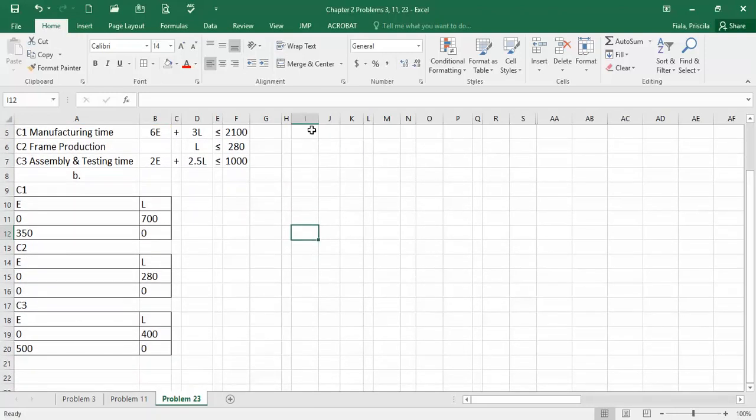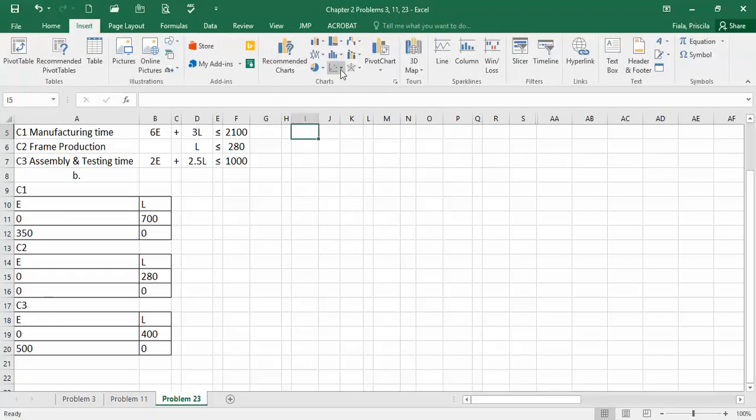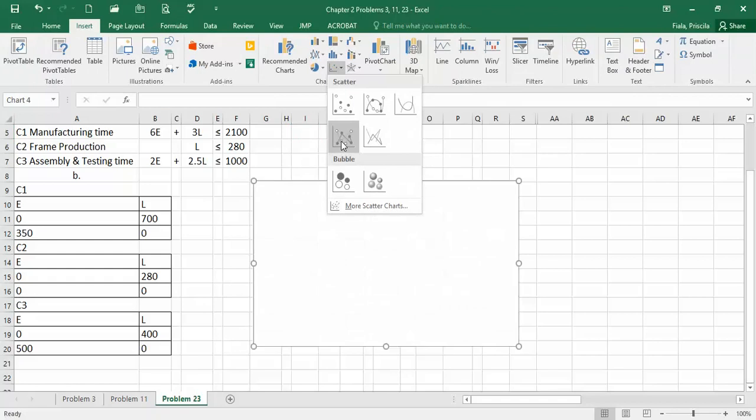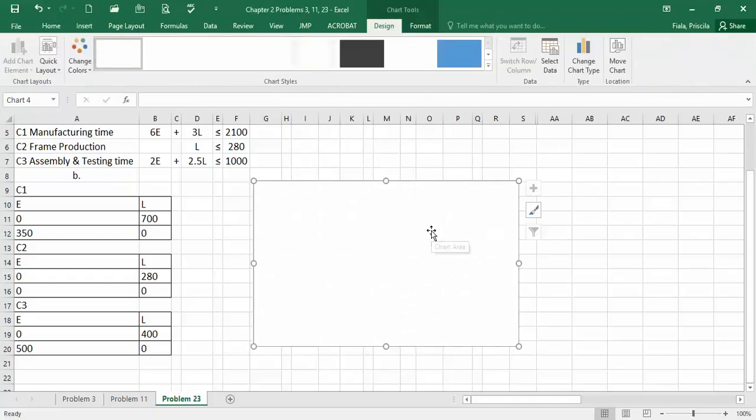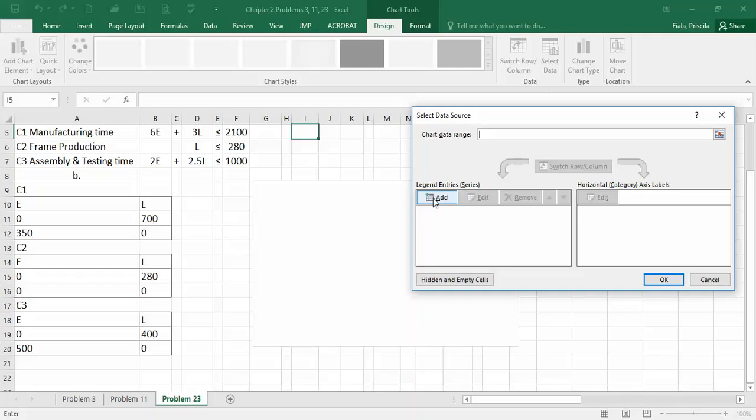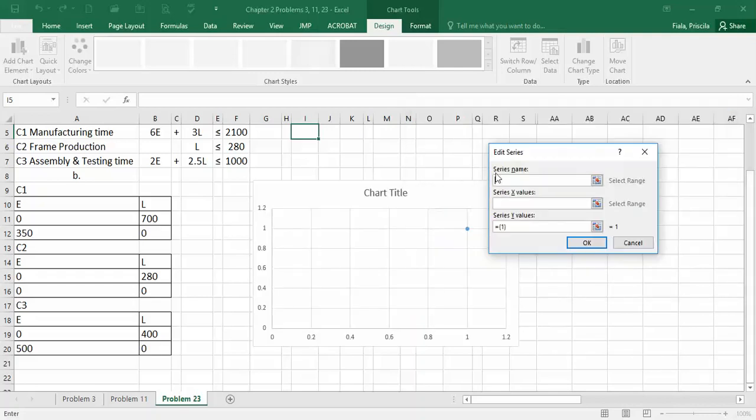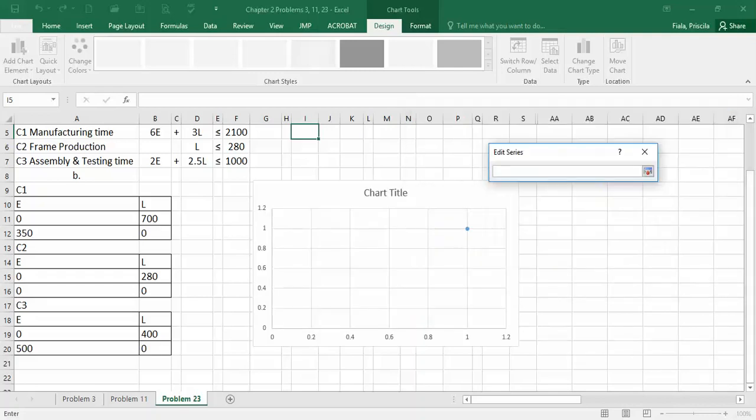I'm going to put the graph about here. We're just going to insert a frame for the graph. It's easier, and then you can select the data you want. So let's add your series name, which is going to be constraint 1, and the X values, remember, the left side of the equation.